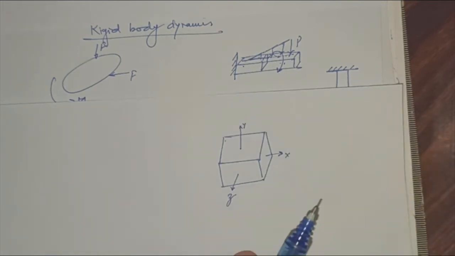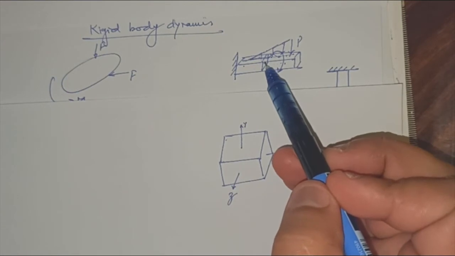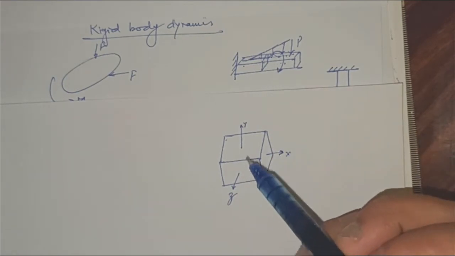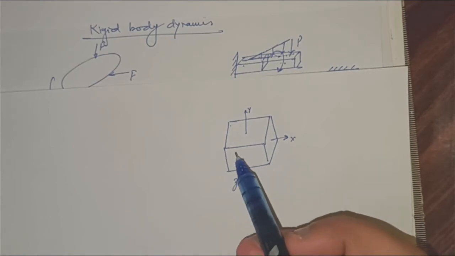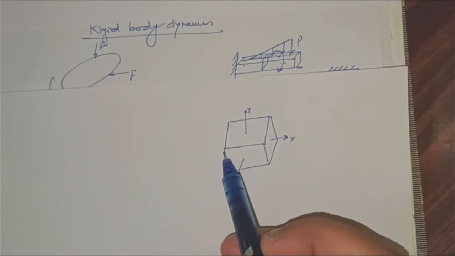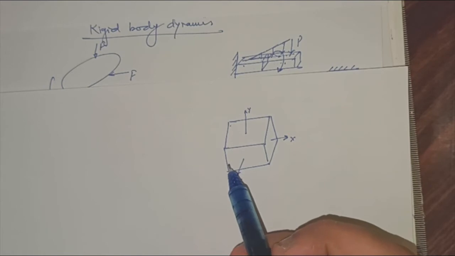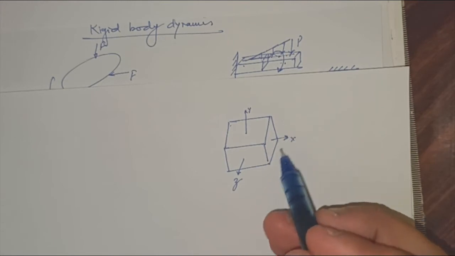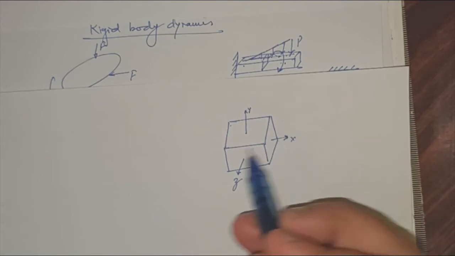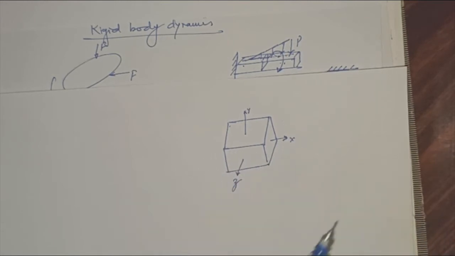So if I choose one small element, the stress will vary on this element also. If I consider a unit stress here, there will be that unit plus some variation of the stress at this plane. So there will be some variation on these faces.